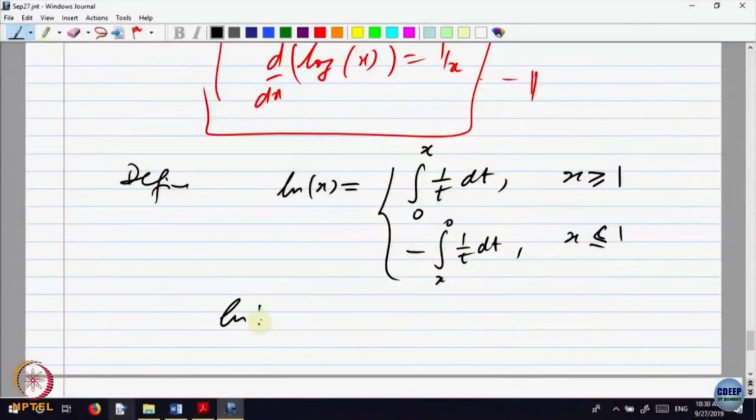For a negative quantity, log is not defined. It is only defined when x is bigger than 0. So ln is a function defined on 0 to infinity, taking values in R. It's a function defined only for positive numbers.